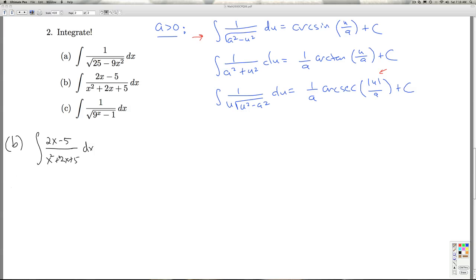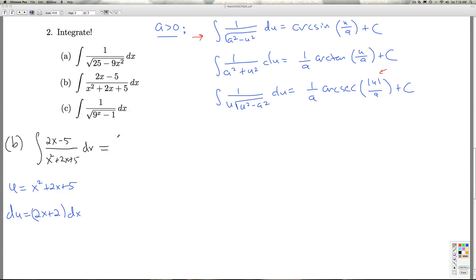All right, in part B, we're given this integral, and we might be tempted to try u equals the denominator. That was one of the substitutions we learned earlier in the chapter. So in this case, the du would be 2x plus 2 dx. We don't have a 2x plus 2 dx, we have a 2x minus 5 dx, but I could actually force that to be a 2x plus 2 by adjusting the numerator here.